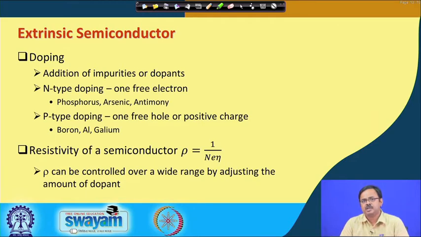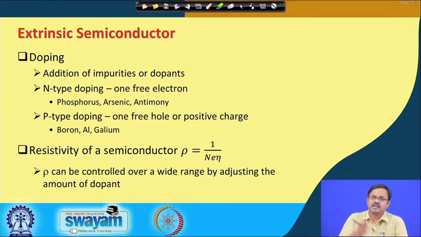These are typically P-type dopants, elements like boron, aluminum, gallium. These have 3 electrons on the outer shell, whereas silicon has 4. So, 3 plus 4 becomes 7. There is 1 electron short from the stable structure. So, that is one free hole or positive charge which can accept another electron.